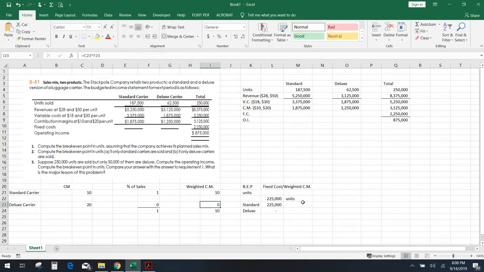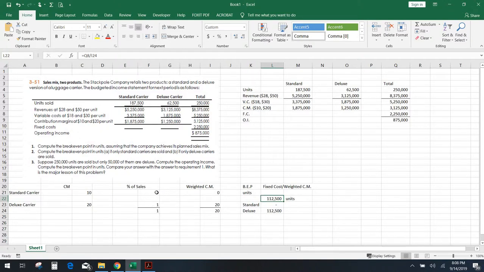So now the answer becomes 225,000 units. Now if we want to change that to 0% of standard and 100% of deluxe, we only need to sell 112,500 units.